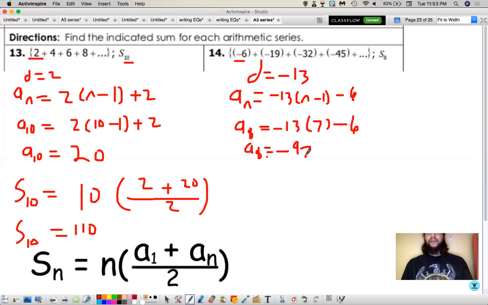Not done. It asks for the sum. So S8 is equal to 8 times -6 plus -97 over 2.